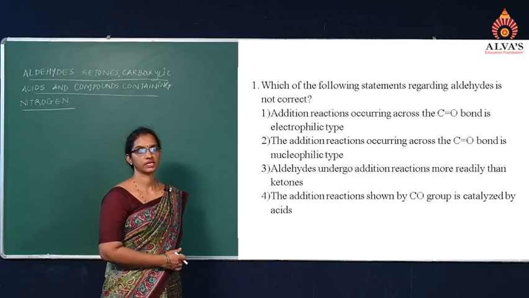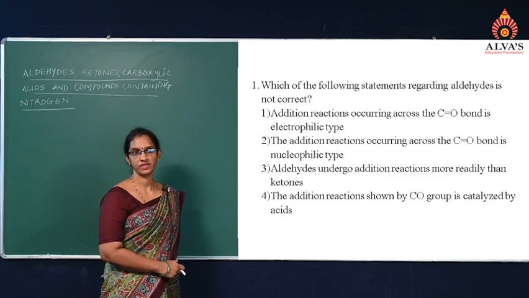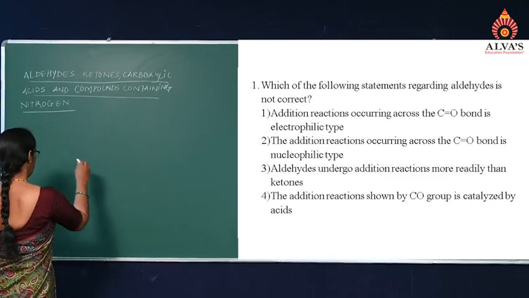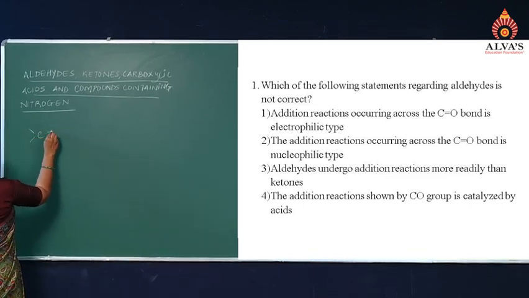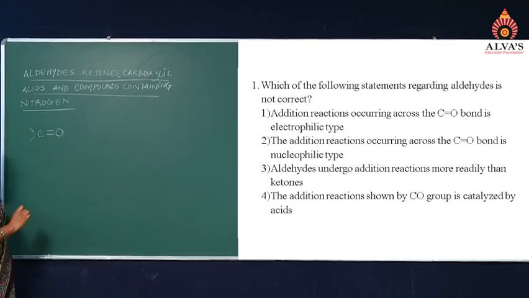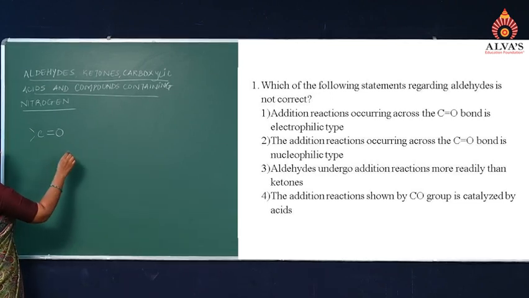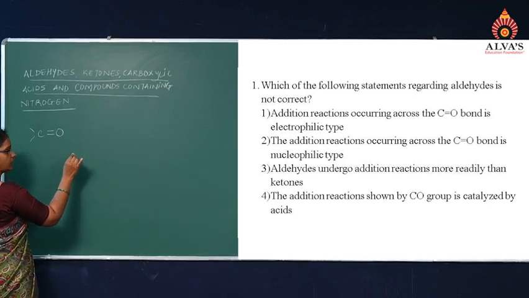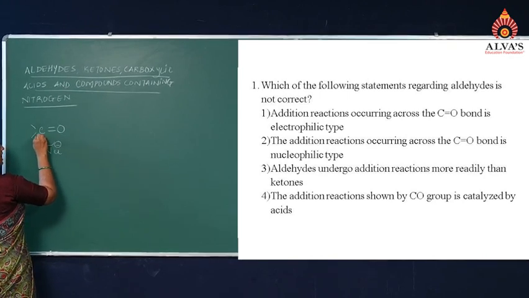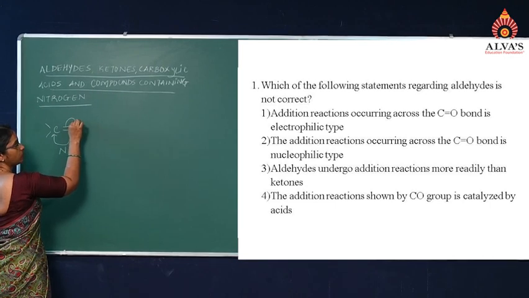First, addition reactions occurring across C=O is electrophilic type. Now C=O in carbonyl compounds has a carbon atom which is electrophilic in nature, and because the carbon atom is electrophilic, whenever there is an addition reaction, it will usually attract a nucleophile towards itself, and when this nucleophile approaches this carbon, the double bond will shift.